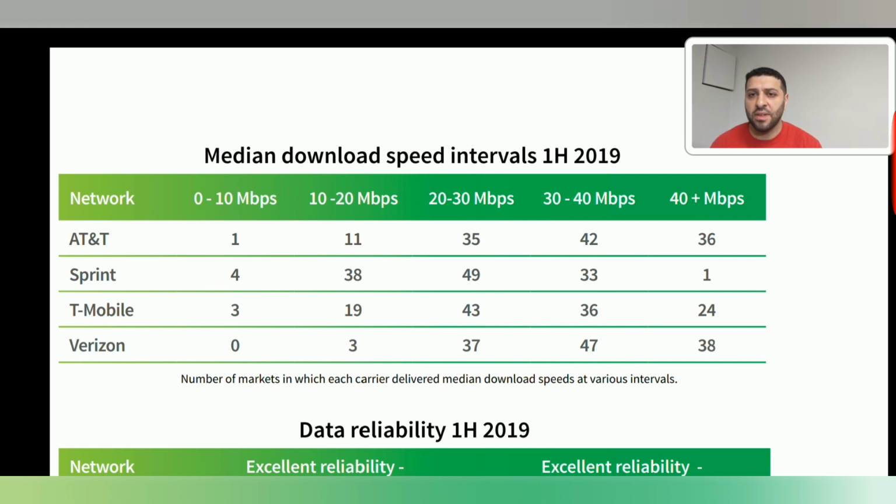Sprint, they're kind of mostly between the 10 to 40 range. They don't really do much for 40 plus. T-Mobile's kind of a mixed bag. They do have markets of 40 plus, 30 to 40, 20 to 30, a little bit of 10 to 20. But Verizon taking the cake from 20 on. So Verizon, again, this is the Verizon test.